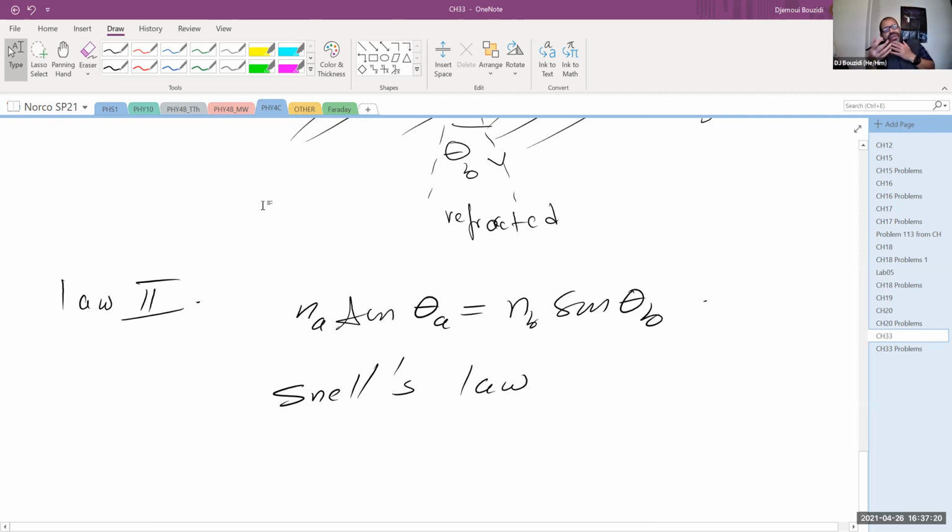Toward the end of this chapter, and I hate that a lot, I'll express my opinions about it at this point, they introduce Huygens' Principle, okay, to prove these two laws. And Huygens' Principle taps into the wave nature of light.